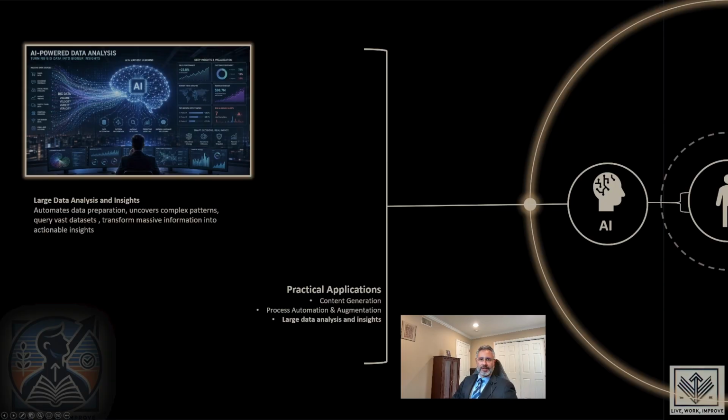Something else that is a practical application of AI right now that companies are using this for is large data analysis. So obviously, companies have collected data over the years for insights, for reporting, for compliance, and that has served them well. However, they also want to take advantage of having all of this data. In many cases, there's a lot of data that goes to waste because there is so much of it that it's hard to analyze.